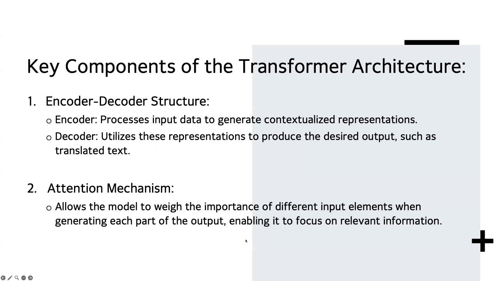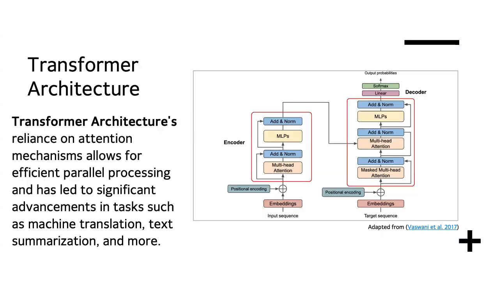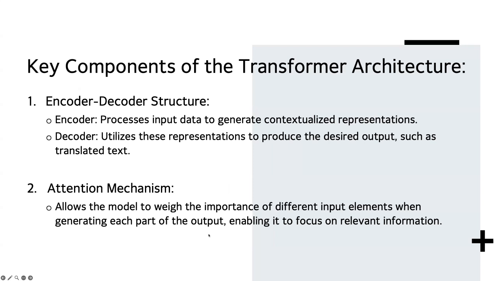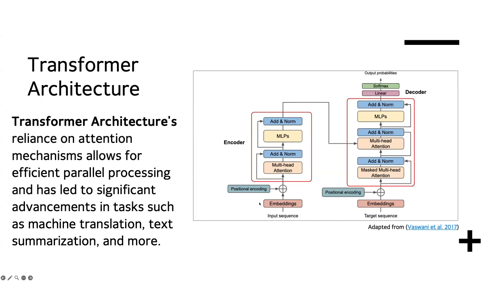The key components of the transformer architecture: first, the encoder-decoder structure. The encoder, as we see here, processes input data to generate contextualized representations, and the decoder utilizes these representations to produce the desired output, such as translated text. The decoder is here.